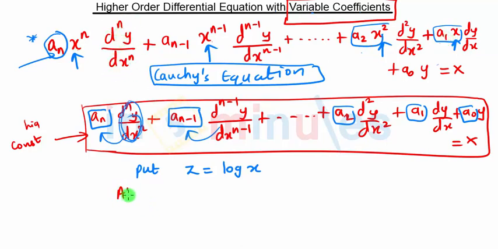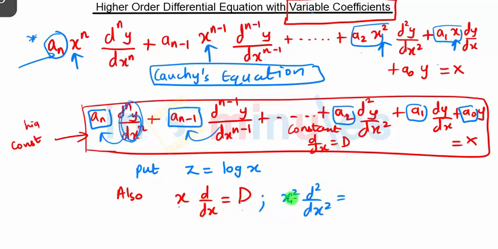We also substitute x d/dx = D. In the constant coefficient problems we used to substitute d/dx = D. Now we substitute x d/dx = D. So x^2 d^2/dx^2 will be D(D-1). Similarly, x^3 d^3/dx^3 will be D(D-1)(D-2).